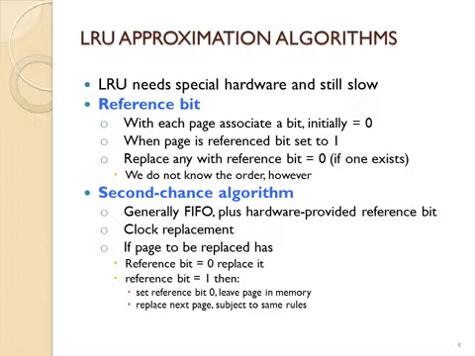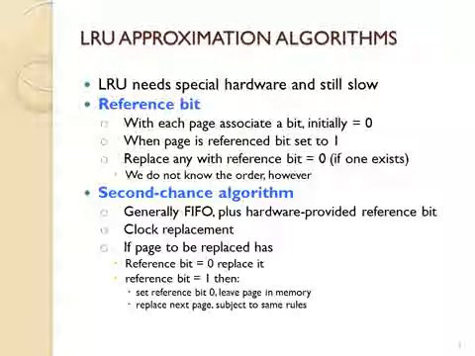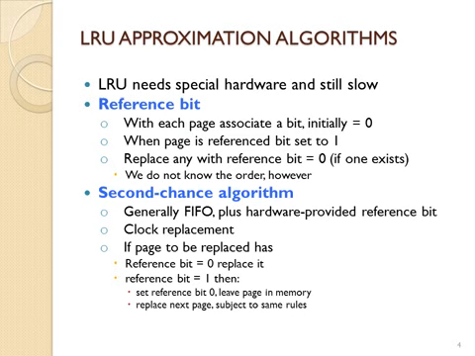It's just a bit that is a 0 or 1, and it gets set if a page gets referenced, and it gets cleared when a page gets passed by. So that's one way to do it. You can use a circular queue with just an extra reference bit rather than having to do an expensive stack or counter implementation for least recently used.